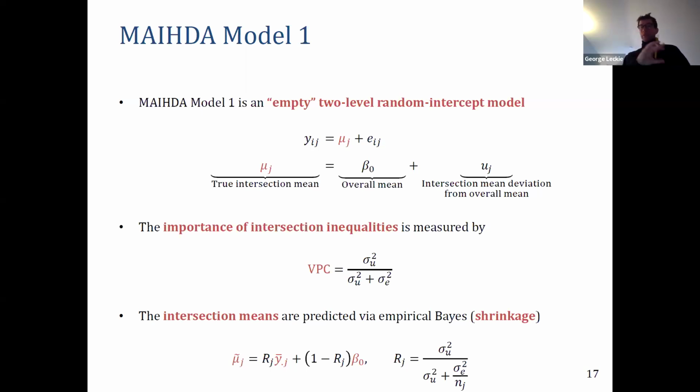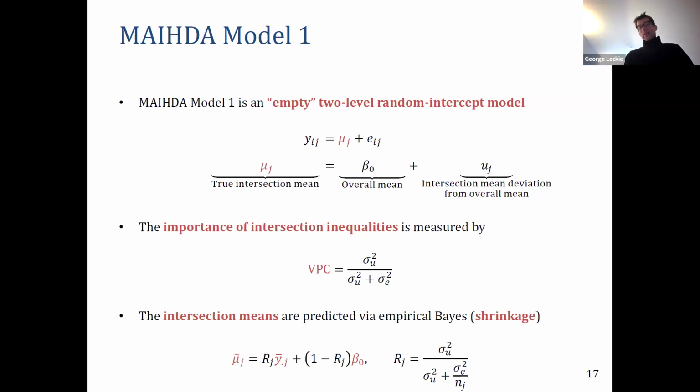That reliability can range from 0 to 1. The higher the reliability, the closer it is to 1, the more we'll use that very reliable observed mean as the basis for our prediction. But the less reliable it is, the more we'll emphasize the overall mean as adding information to what's really going on in the population.